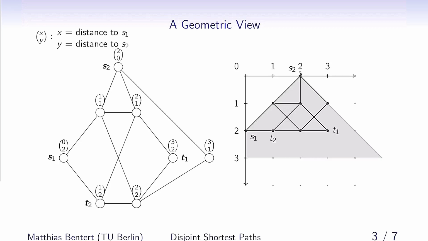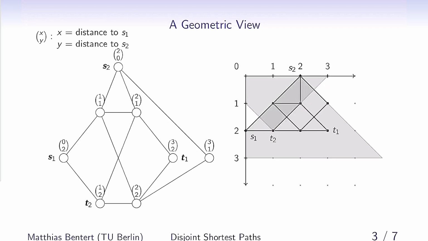But we can, of course, do the same for our vertex T2 and get that we have some kind of space to work in a 45-degree angle from here as well, because if we would take such an edge that goes outside of this region, then the distance does not decrease the distance to S2, but increases the length of the path by 1.